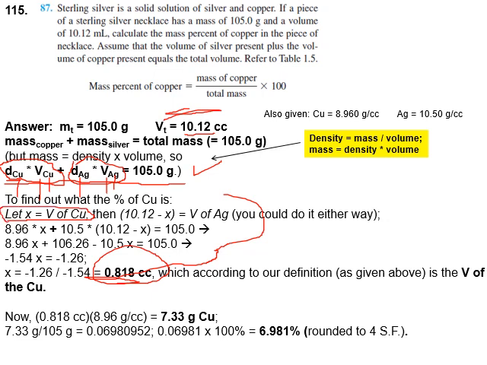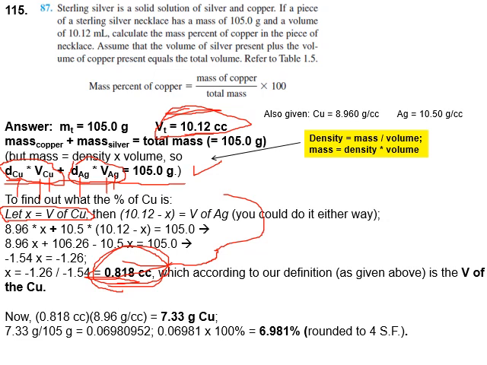So if the volume of the copper is 0.818 and the total volume was 10.12, then if we subtract 10.12 minus the 0.818, we're going to get the volume of the other thing, which is the volume of the silver. And then we can multiply those respective volumes times their densities and get their masses.